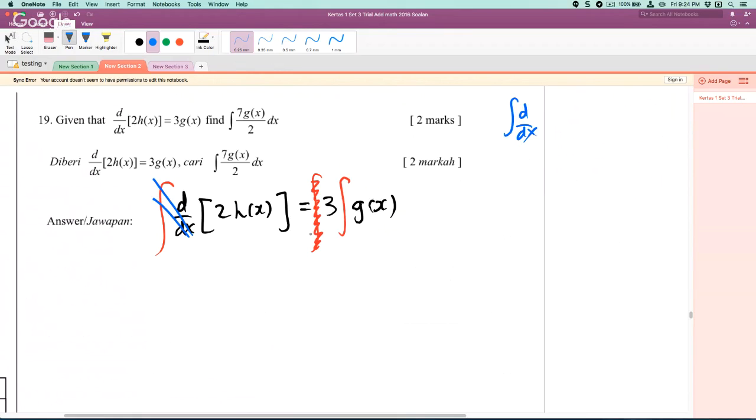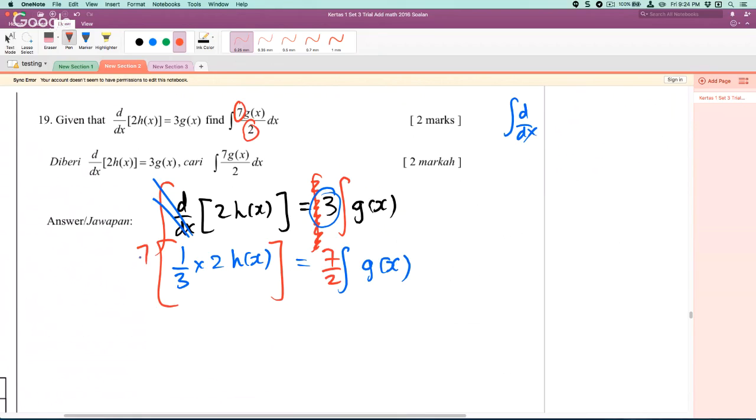So I only left 2h(x). Since I have a 3 here, I will move it to the other side. It becomes 1 over 3 multiply 2h(x), equals to integrate g(x). But the question doesn't want me to integrate g(x) only. The question wants me to get g(x) multiply 7 divided by 2, so I will multiply 7 over 2 for both sides. 7 times 2 is 14, and this one times this one is 6.